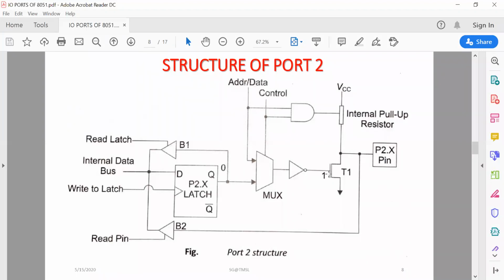So if this FET is on, then it sinks the current and we get 0 in this position. Similarly, 1 on the address bit will provide 1 on the port pin here. Port 2 latches are kept stable for the duration of the entire external memory read or write operation.